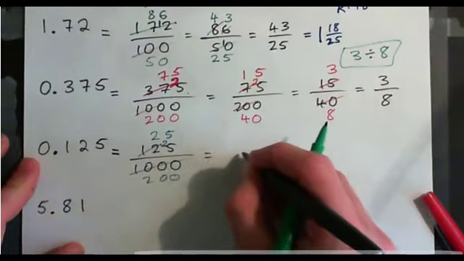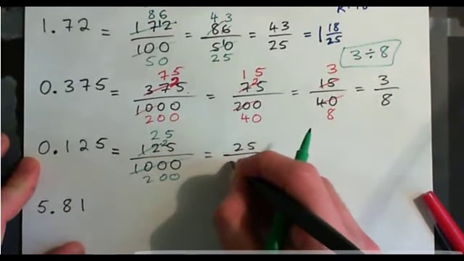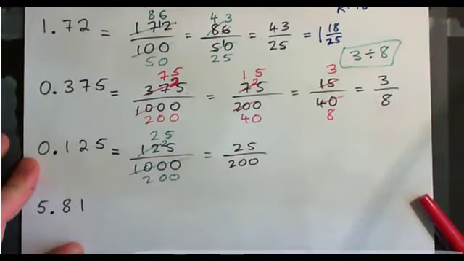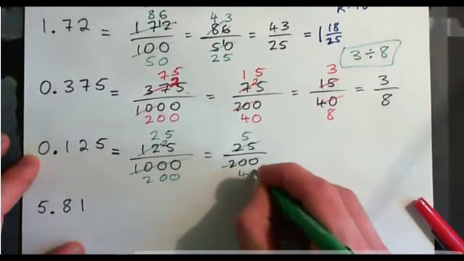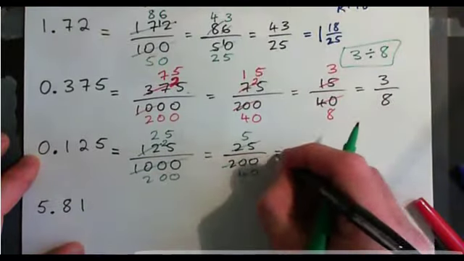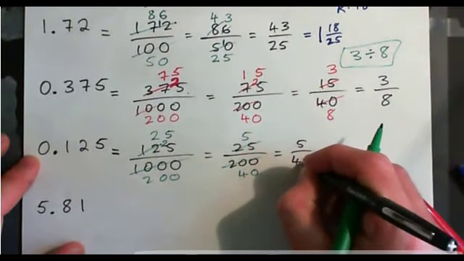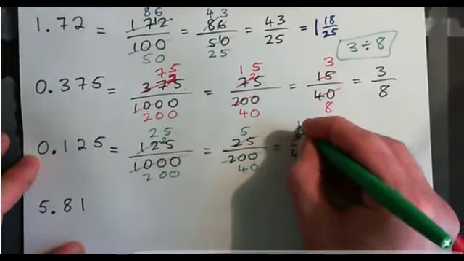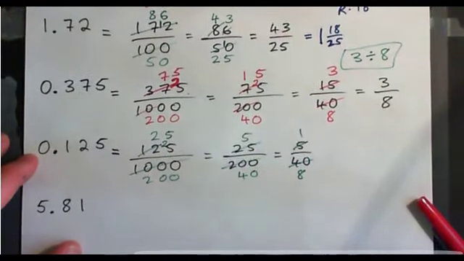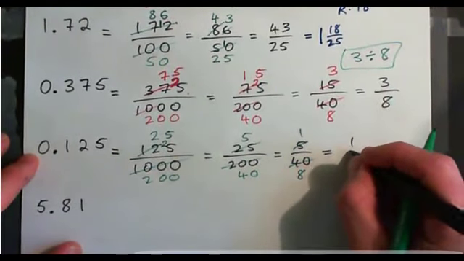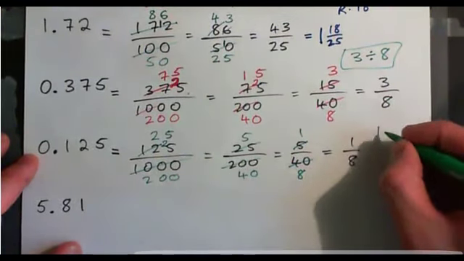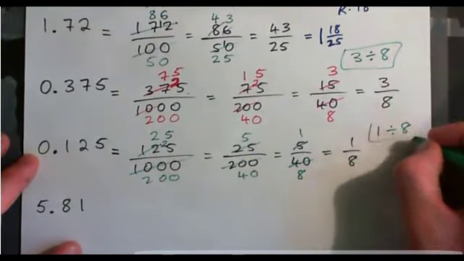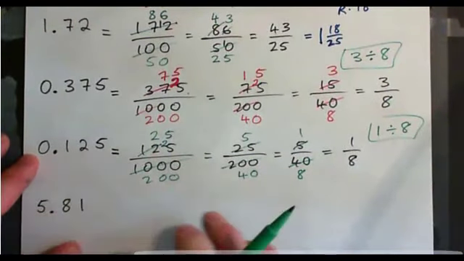So I get 25 200ths. 5 into 25 goes 5 times. 5 into 20 goes 4 times. And 5 into 0 goes 0 times. So you get 5 40ths. And then 5 into 5 goes once. 5 into 40 goes 8 times. So this gives me 1 over 8, 1/8. Okay, and I'll check that in the calculator. Plug in 1 divided by 8 in the calculator and it should give me 0.125.